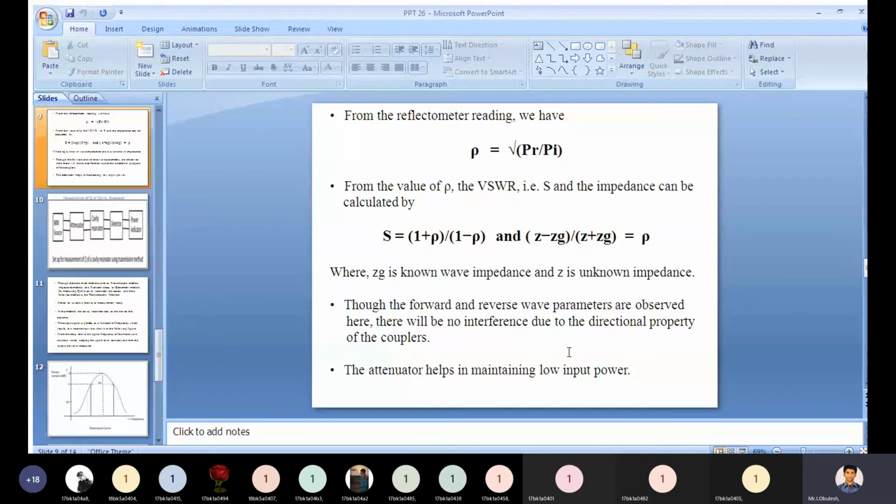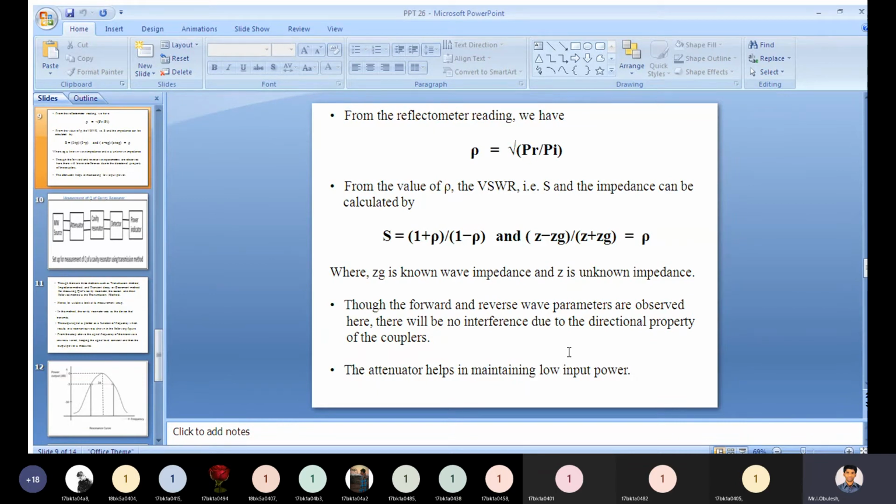So from the reflectometer reading, we have rho equals square root of PR divided by Pi. From the value of rho and VSWR, that is voltage standing wave ratio, which is denoted by S, the impedance can be calculated by S equals 1 plus rho divided by 1 minus rho.